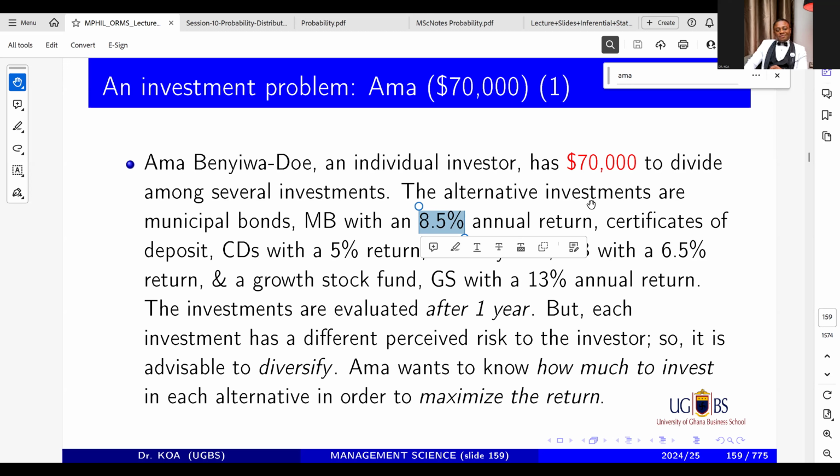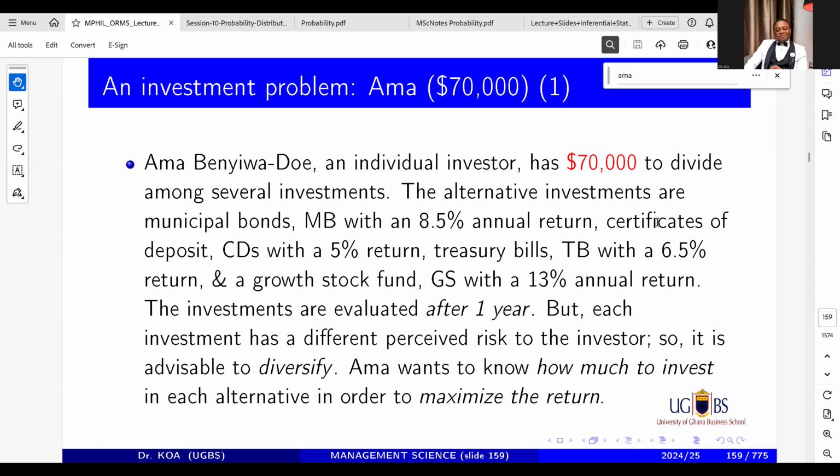She's investing in certificates of deposit, which give a 5% return. She's gone into treasury bills with a 6.5% return, and a growth stock fund like the Data Bank M Fund, which yields 13% interest.